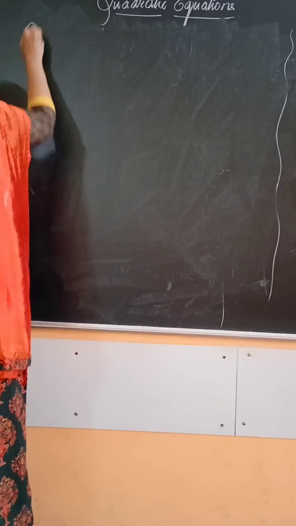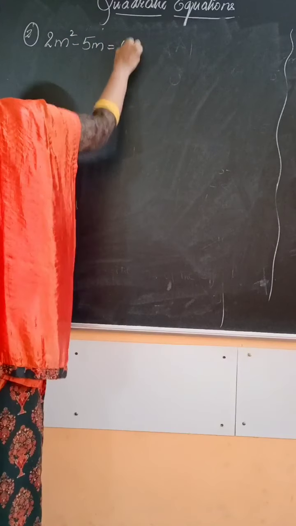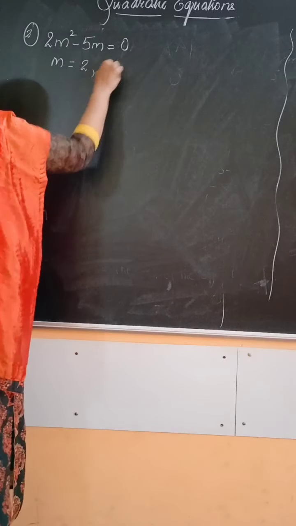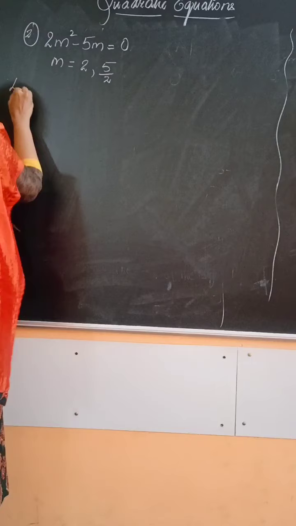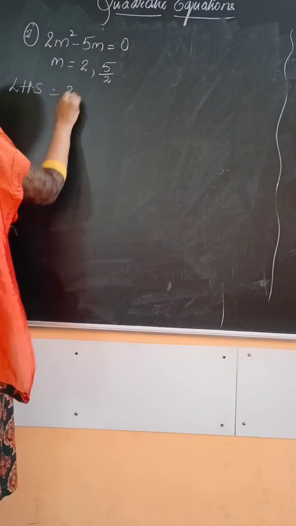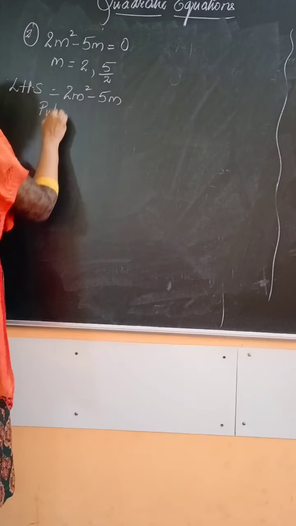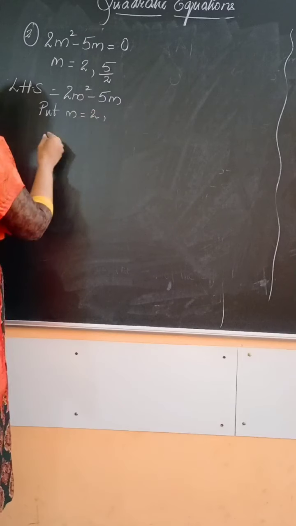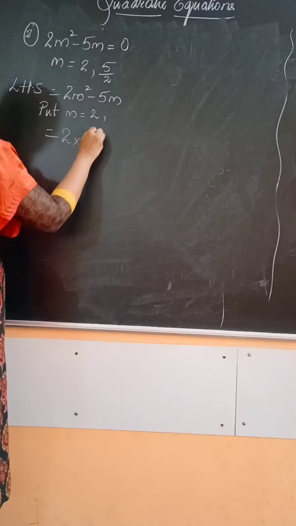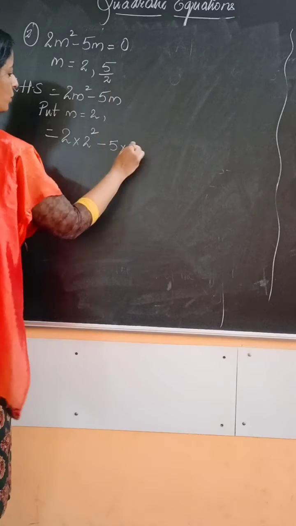So the second sum you have 2m square minus 5m is equal to 0. And they are asking us to check for 2 and 5 upon 2. So first let us write the left hand side part: 2m square minus 5m. Put m is equal to 2 and check. So 2 into 2 square minus 5 into 2.